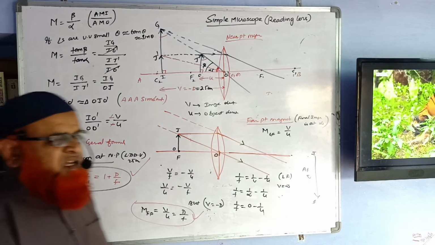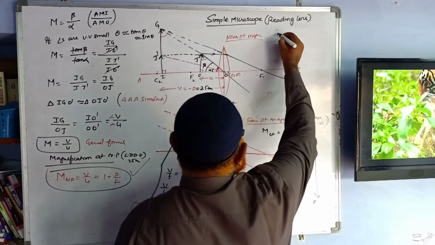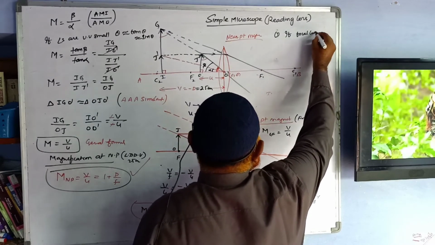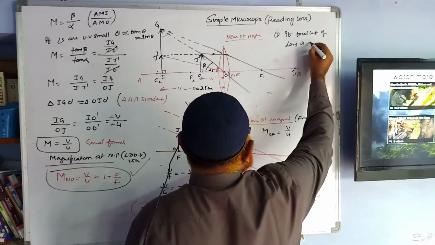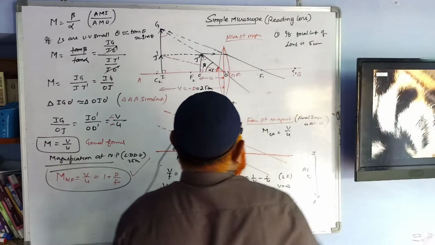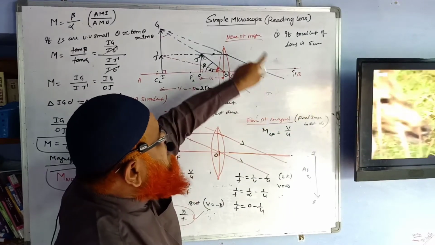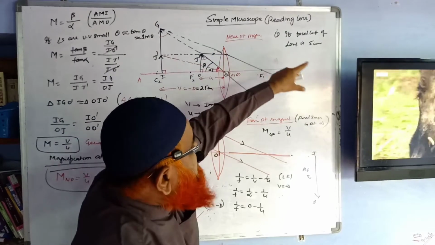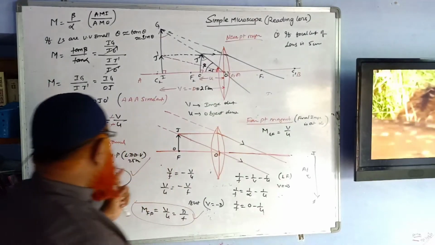He may give simple problems like this. For example, if the focal length of the simple microscope lens is 5 centimeters, find the near point magnification and far point magnification.